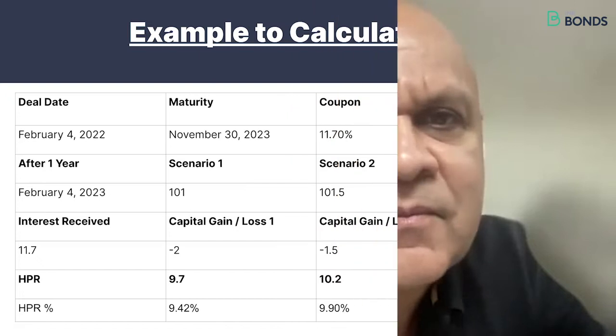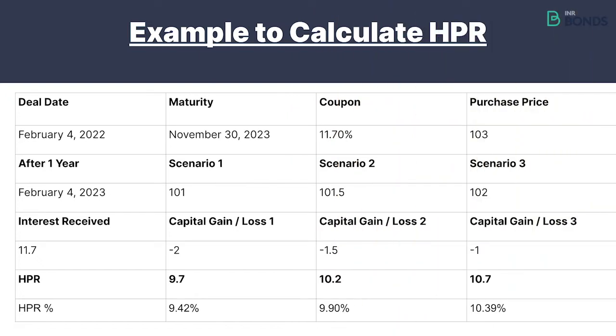Looking at the illustration here, taking bond A, assume that the coupon, that is the interest payable every year on the bond, is 11.7%. An investor, or a financial advisor advising their clients, buys the bond in the secondary market at a price of 103 rupees.